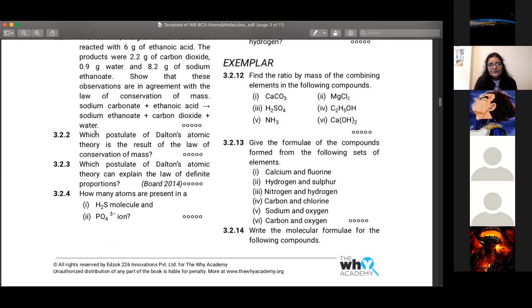So yeah, this is the question I was talking about. Which postulate of Dalton's atomic theory is a result of the law of conservation of mass? Out of those 6 postulates, you need to mention which one it is. Same thing, can explain the law of definite proportions.